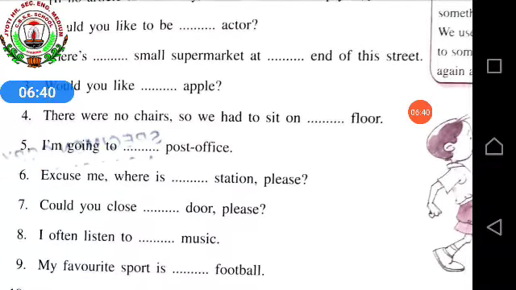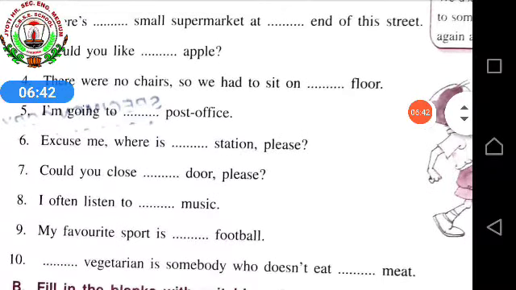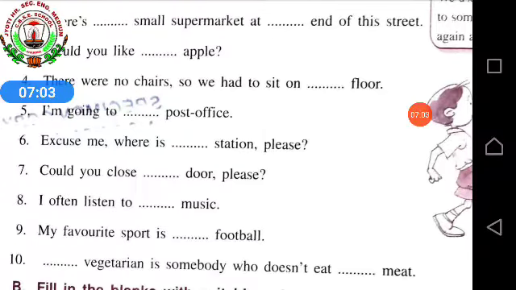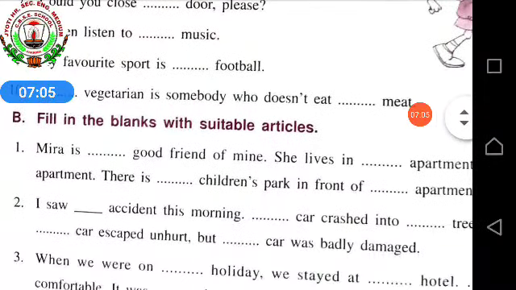Okay? And keep in your mind that wherever the article is necessary, only there you will put the articles a, an and the. And if it is not necessary, you will leave that blank by putting a dash or else by putting a cross.